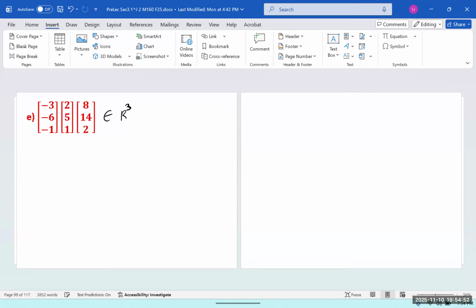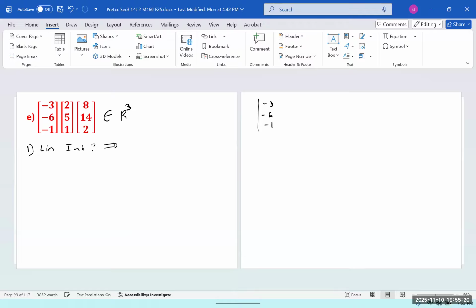And how many vectors do we have? 3. So 3 vectors in R3. How do we check whether they're independent or not? You cannot take the determinant of a non-square matrix, but you can take the determinant of all 3. So we need to look at the determinant.